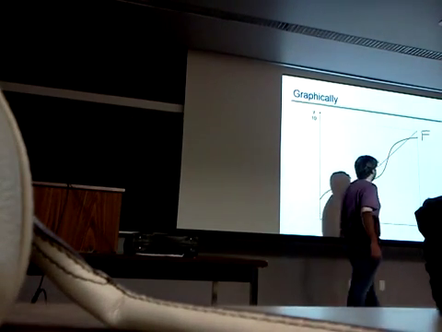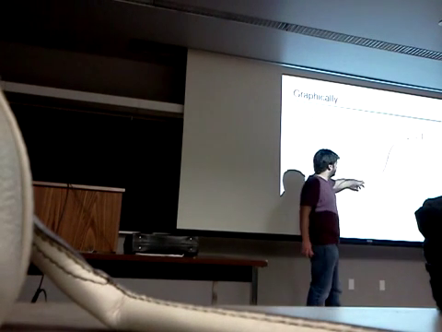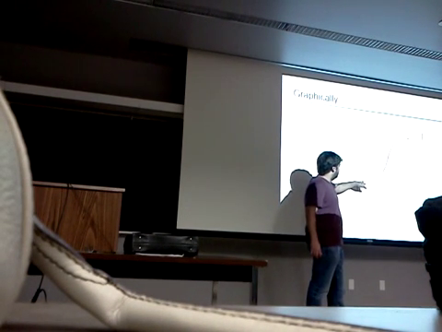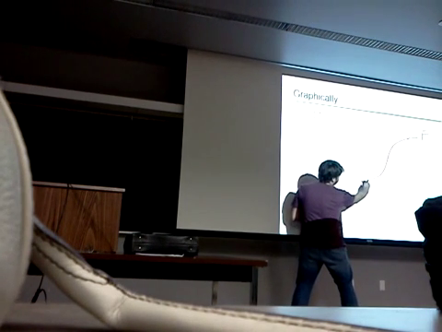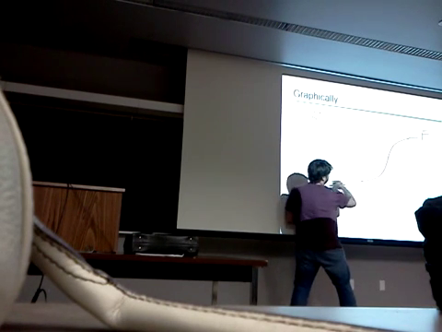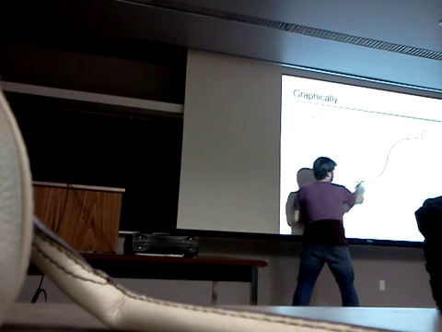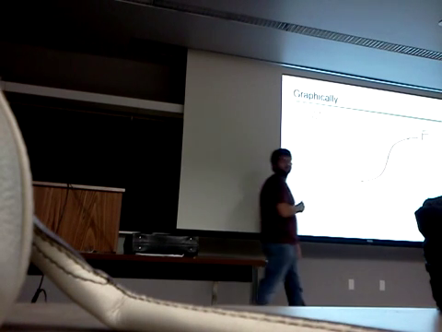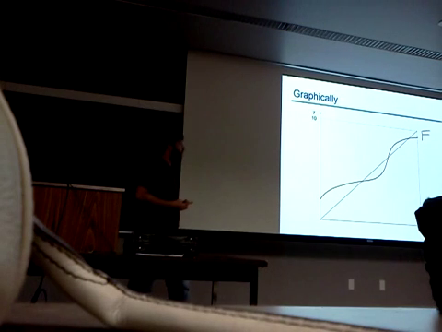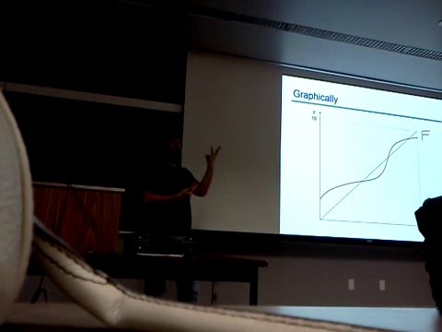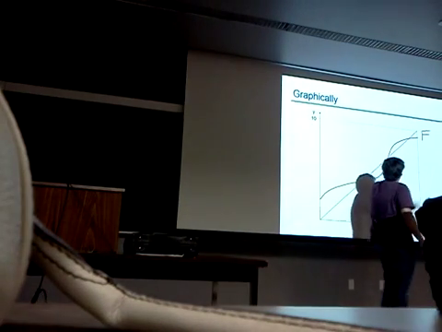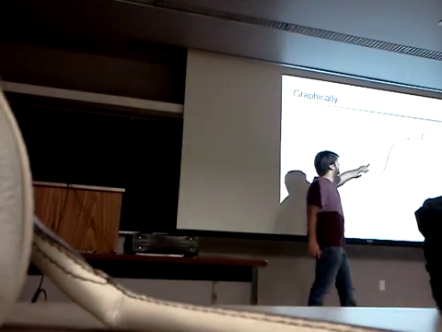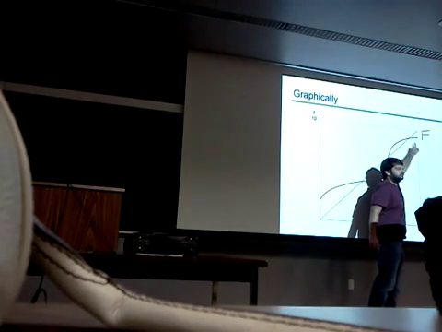Because this is the X, and this is F of X, and they're equal here, because this line forces these two to be equal. Does that make sense? So how many fixed points are there? There's 3. There's this one, and there's this one. This is the least fixed point, and that's the greatest fixed point.